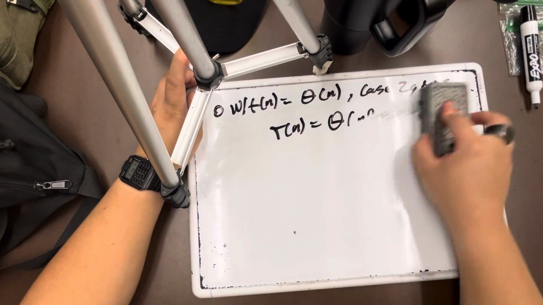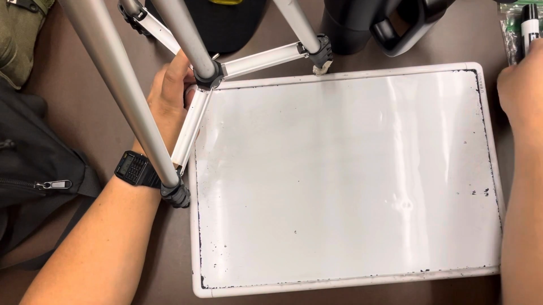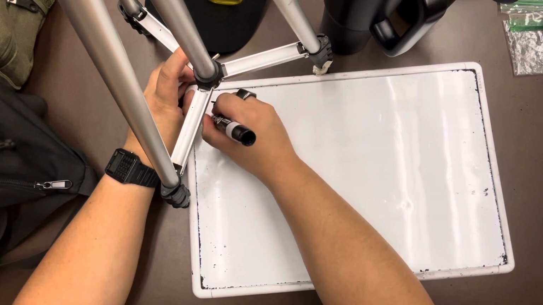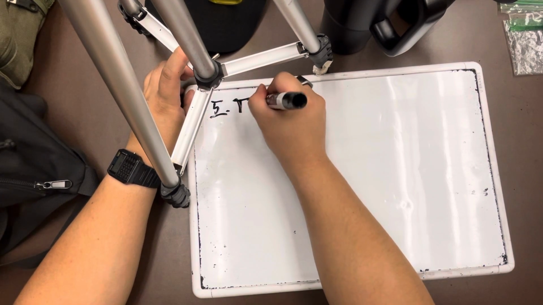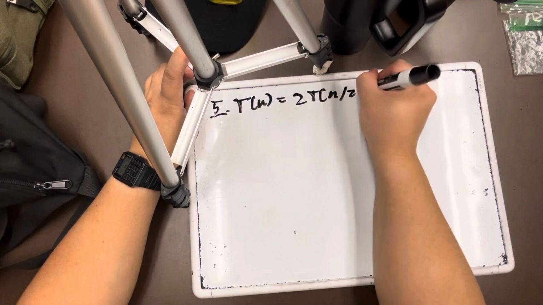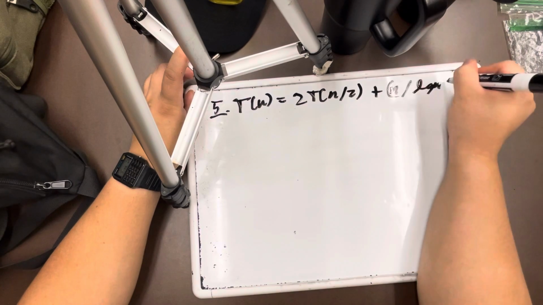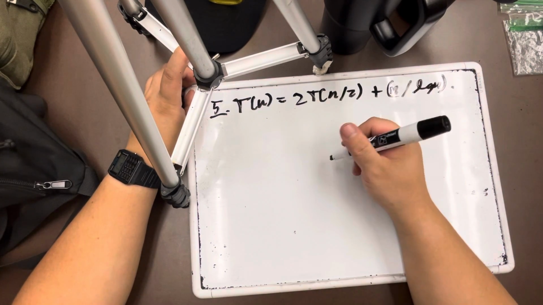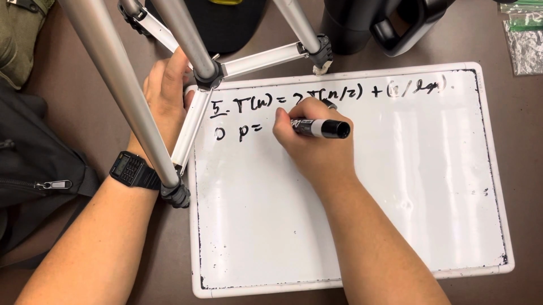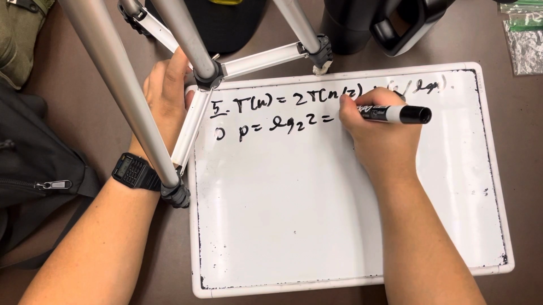All right, so let's move on to part 5. For part 5, T of n is equal to 2 times T of n divided by 2 plus n divided by log of n. Now, p is equal to log base 2 of 2, which is equal to 1.